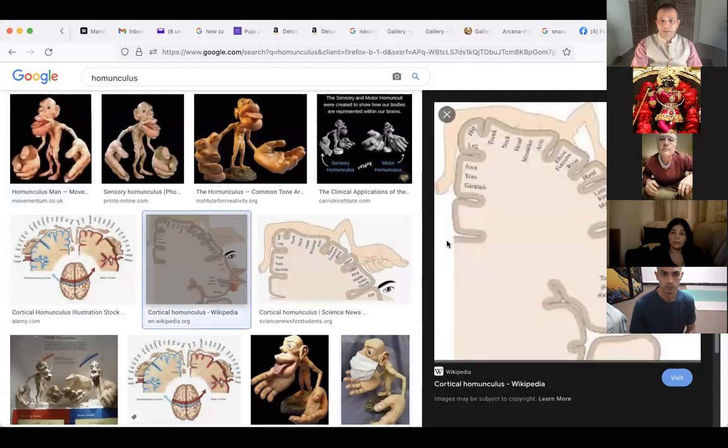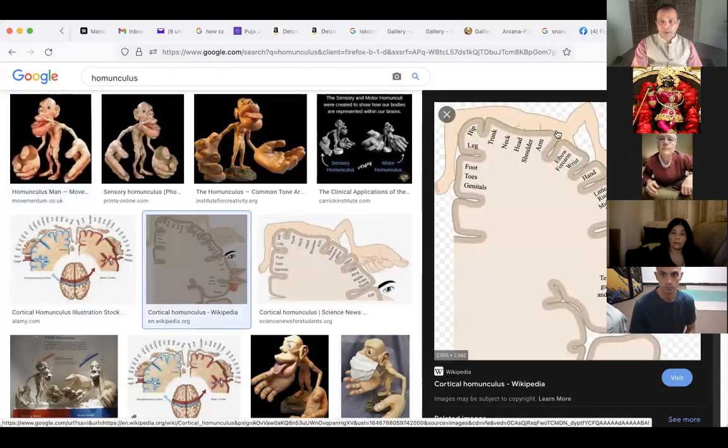But this picture shows how much of your brain area, more than 60 to 70%, is actually given to those parts of the body. Your hands are given the maximum area in the brain. Whatever movements your hand does, whatever mudras you do, your brain gives the maximum attention. So mudras can reverse, can change, can invoke feelings.